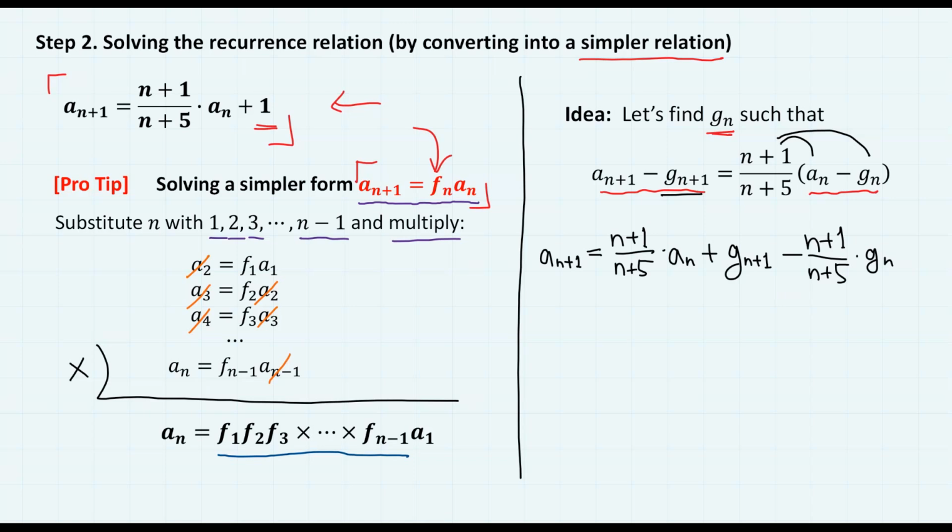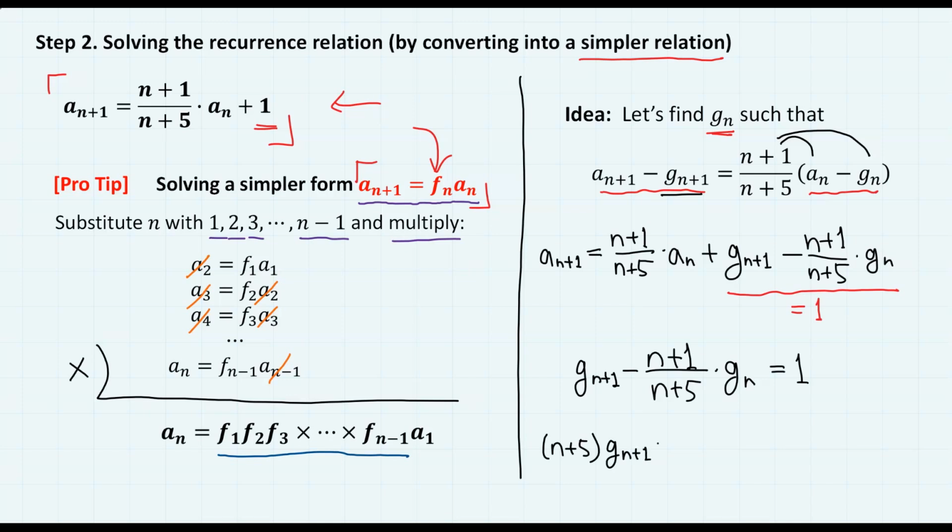Then you can easily notice that this part must correspond to the constant term, hence it is 1. That is, g_(n+1) minus n plus 1 over n plus 5 times g_n must be 1. That is, if we multiply by n plus 5, we have n plus 5 times g_(n+1) minus n plus 1 times g_n equals n plus 5.